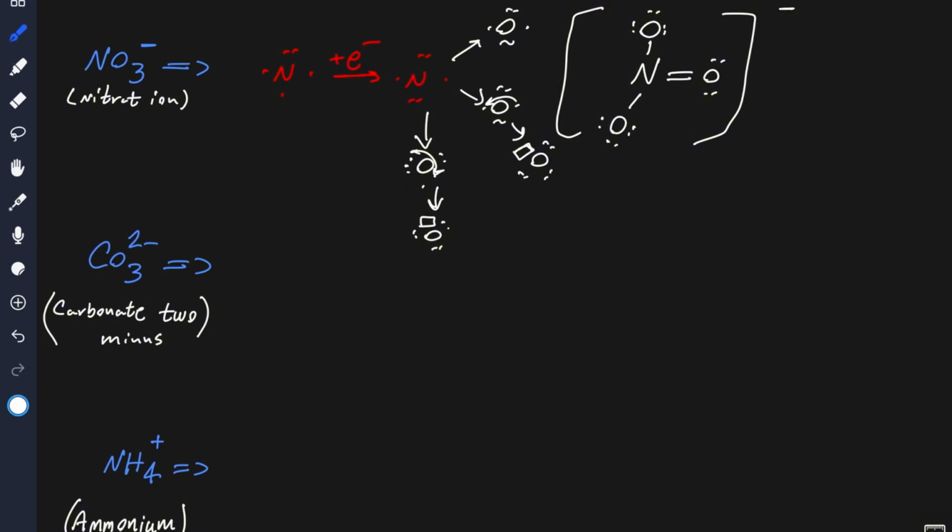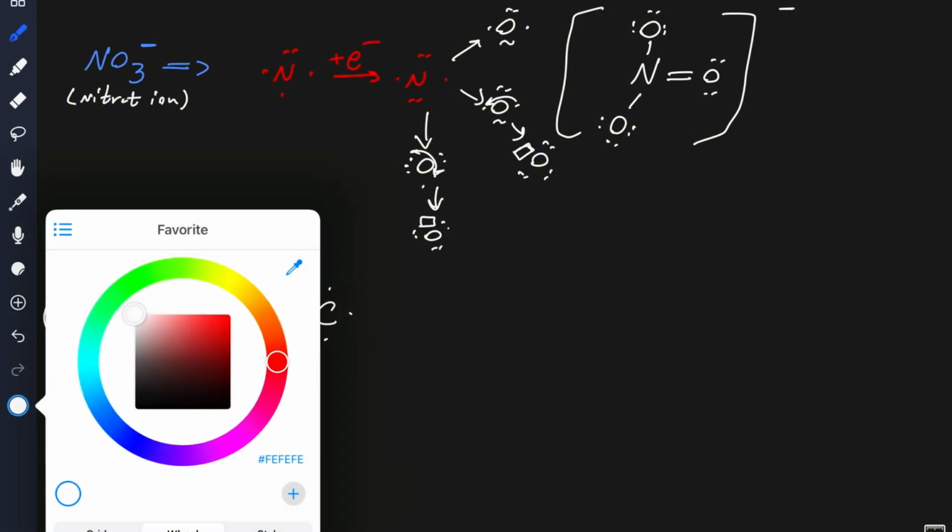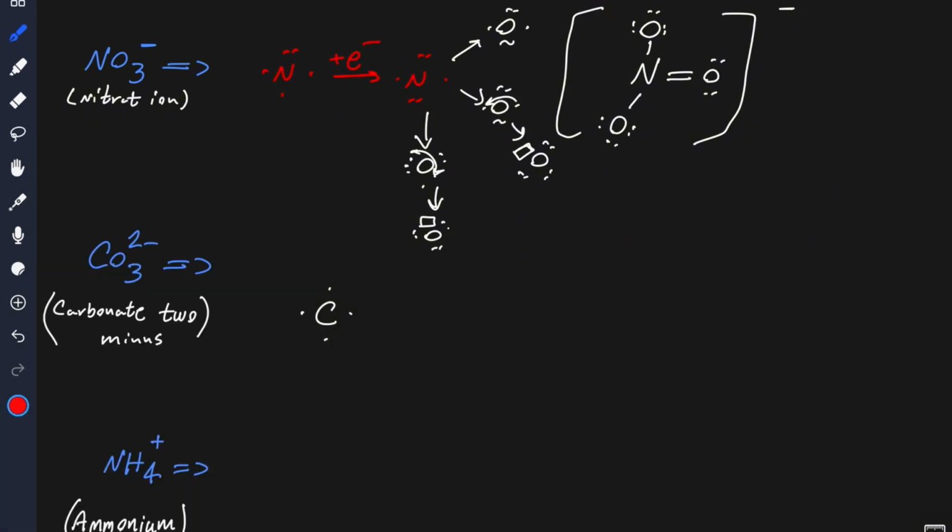Carbonate, CO3 2-. The central atom is carbon. So carbon has 4 valence electrons. So 2 minus means CO3 takes 2 electrons more. So 1 electron and 1 electron.